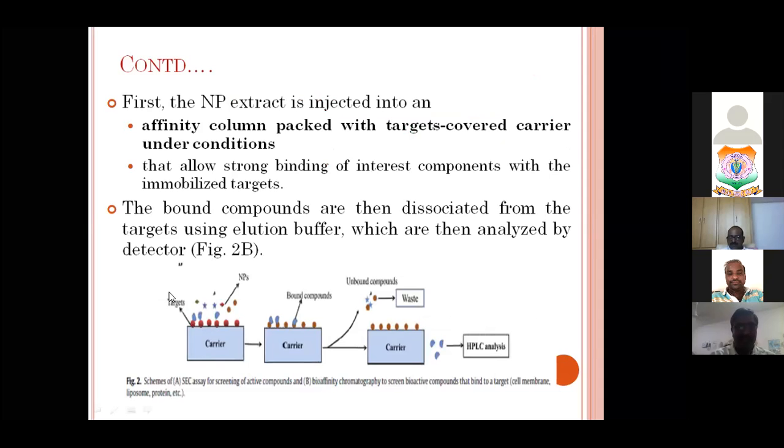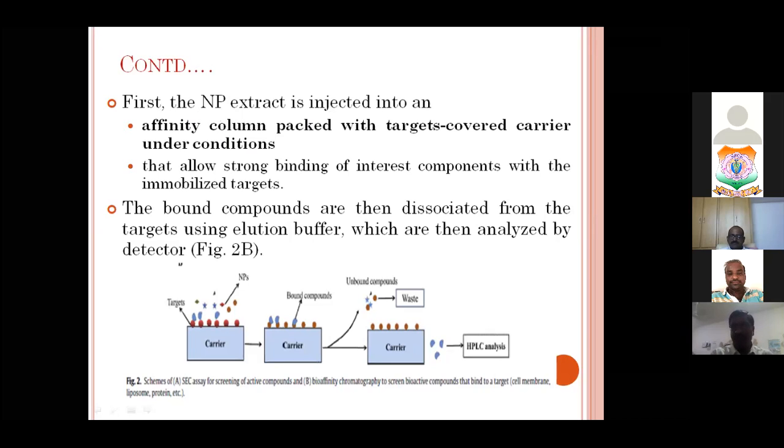See here, that diagram which you are able to see. First, what they will do, the natural product extract is injected into an affinity column packed with target-covered carrier under conditions.